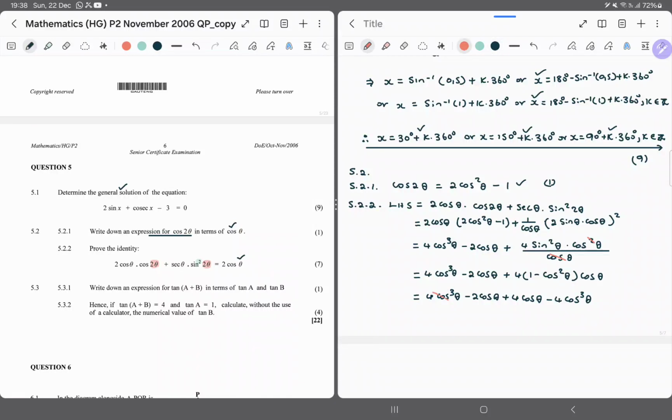Look at the magics again. These two eliminate each other, and so the remainder is a cos theta part. Now 4 of these minus 2 of these, we get 2 of those. This is equal to the right hand side.